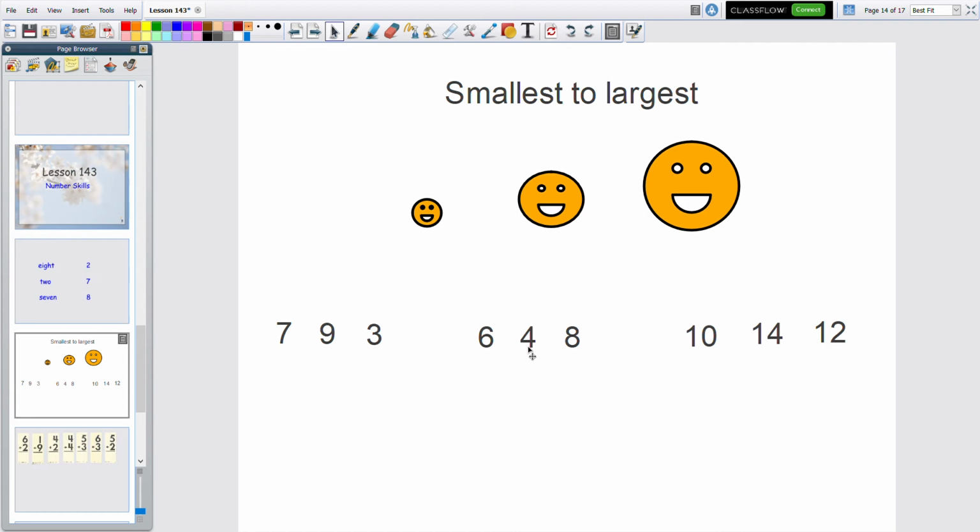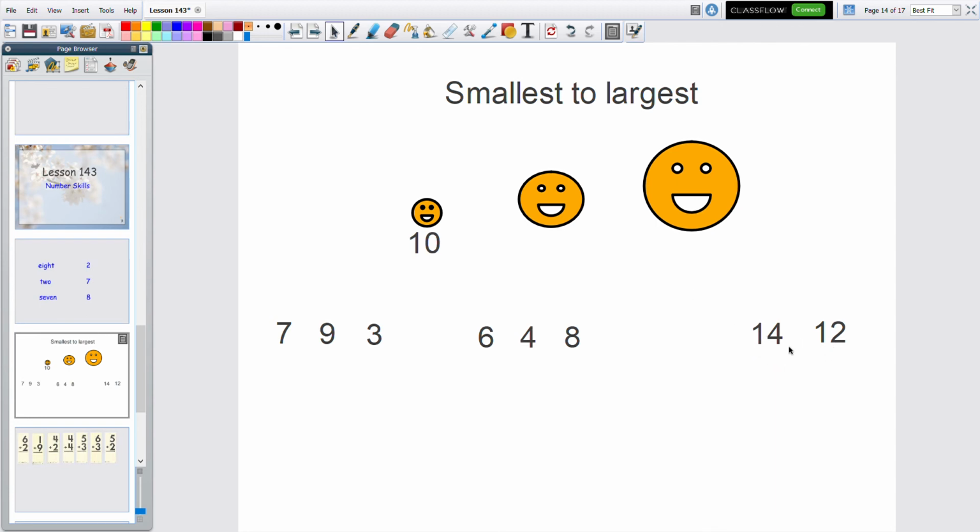Now we're going to get bigger ones. So we've got 10, 14, and 12. Which one's the smallest? Which one has the least amount? 10? You're right. So we're going to put 10 down here, because whenever you're growing up, you're going to be 10 before you're in either one of these. 14 or 12?